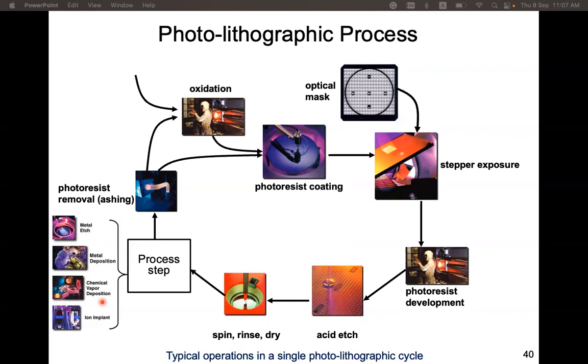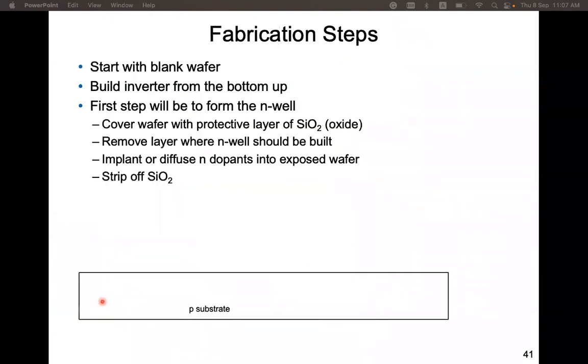So we go through these steps for the inverter structure we mentioned. Everything starts with a clean wafer, say a 12-inch wafer, a very pure crystal wafer, lightly doped, a nice blank wafer.